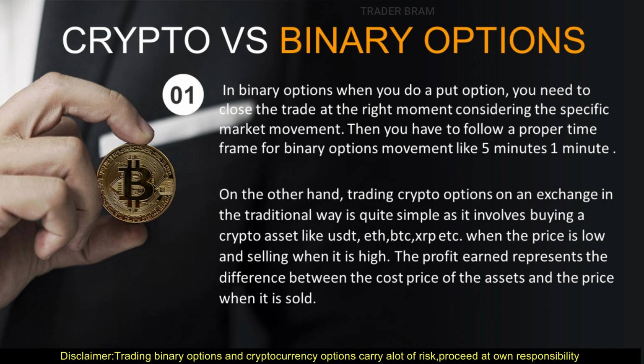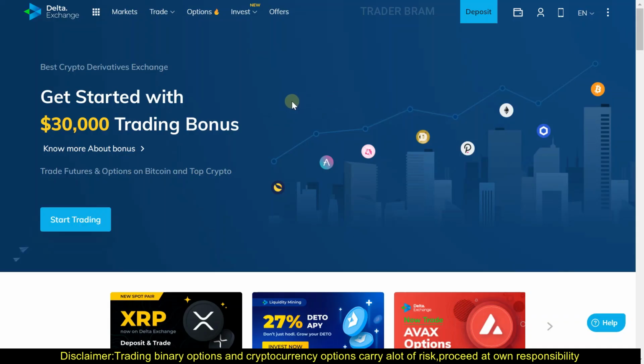On the other hand, trading crypto options on an exchange platform in a traditional way is quite simple, as it involves buying a crypto asset like USDT, Ethereum, Bitcoin, XRP, etc. when the price is low and selling when it's high. The profit earned represents the difference between the cost price of the assets and the price when it is sold. So that's one of the differences between crypto options and binary options.